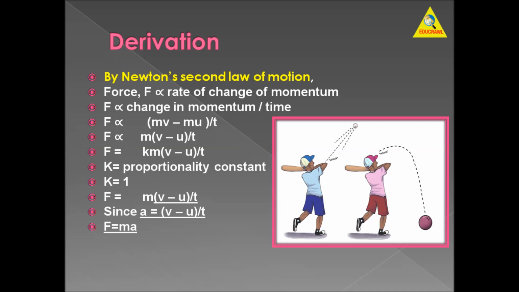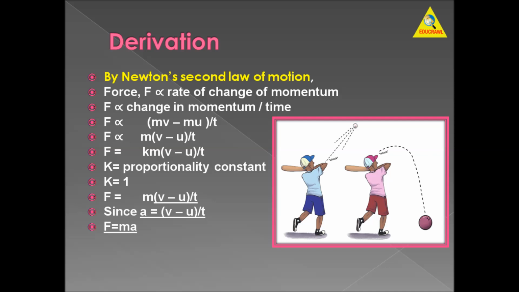Final momentum is the product of mass and final velocity, mv. Hence, change in momentum is given by mv minus mu. Rate of change of momentum is given by d by dt of (mv minus mu). According to Newton's second law, the force is directly proportional to the rate of change of momentum. Hence, F is directly proportional to d by dt of (mv minus mu).